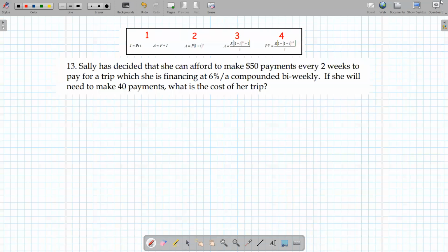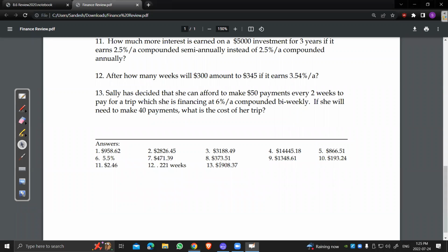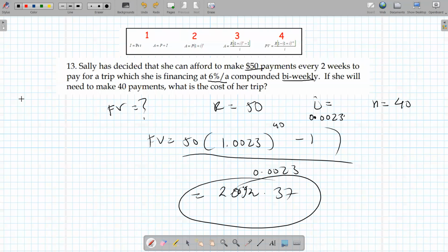Wait a sec, they're saying it's wrong. They got 1908. How does that work? Wait a sec. Did we plug something in wrong? Okay, what could have happened? There's only one thing that could have happened here.